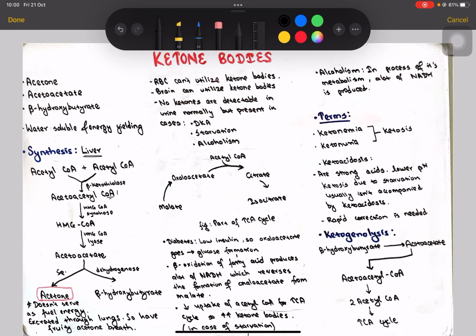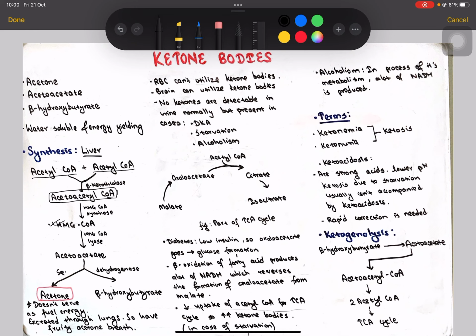Whenever beta oxidation of fatty acids occurs, it produces acetyl-CoA. Two acetyl-CoA, by the enzyme beta ketothiolase, will make acetoacetyl-CoA. Now this acetoacetyl-CoA will convert into HMG-CoA through the enzyme HMG-CoA synthase.